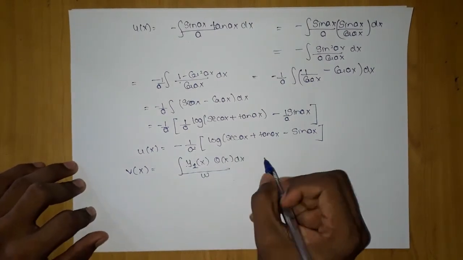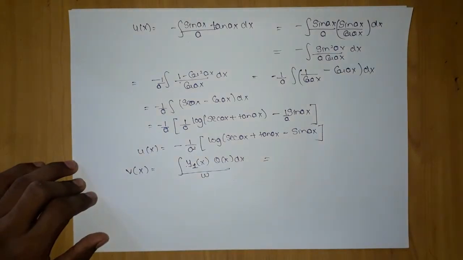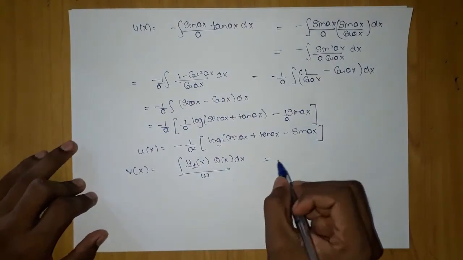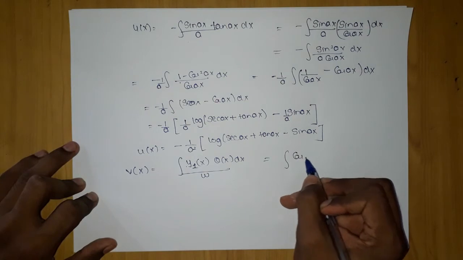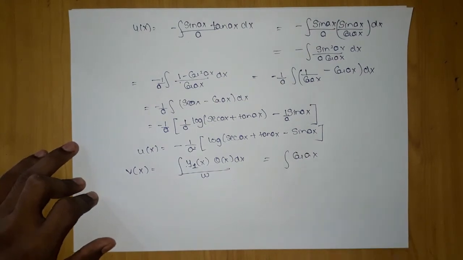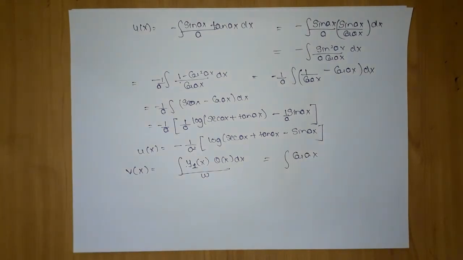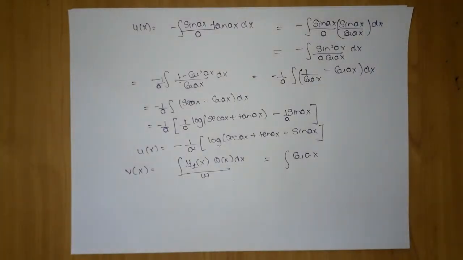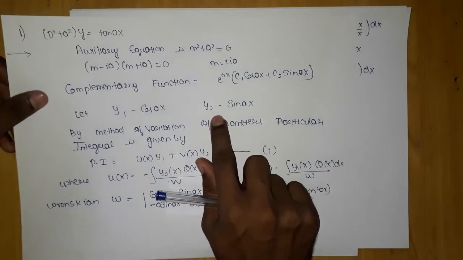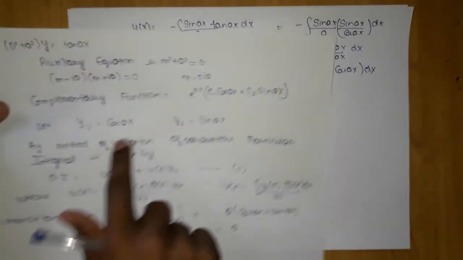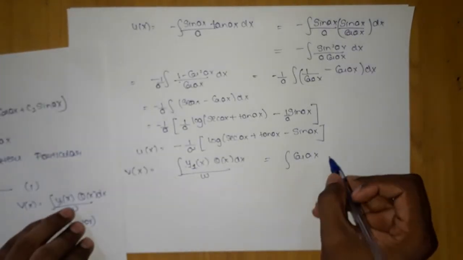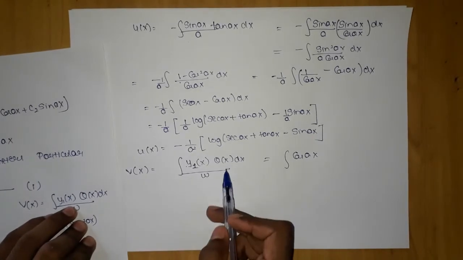W is nothing but, here it will be positive. Now if we substitute the things, we have minus cos ax. Let me get the page, we have our y1 as cos ax, so we are substituting it here into Q of x.